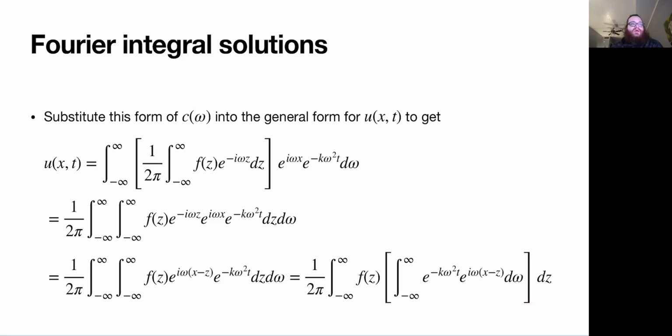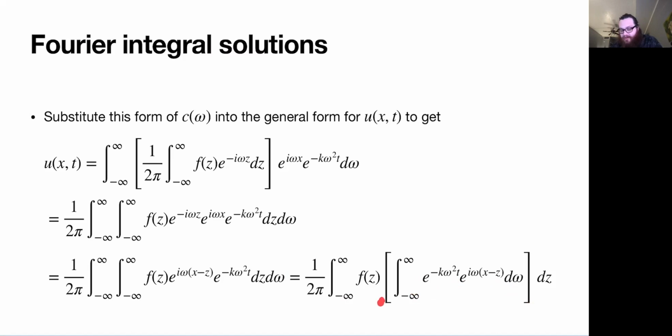If we look at this expression, we have some function. It is a Gaussian, where that parameter beta is, in this case, k times t. And then we're multiplying by e to the i omega something, and then we're integrating out omega.